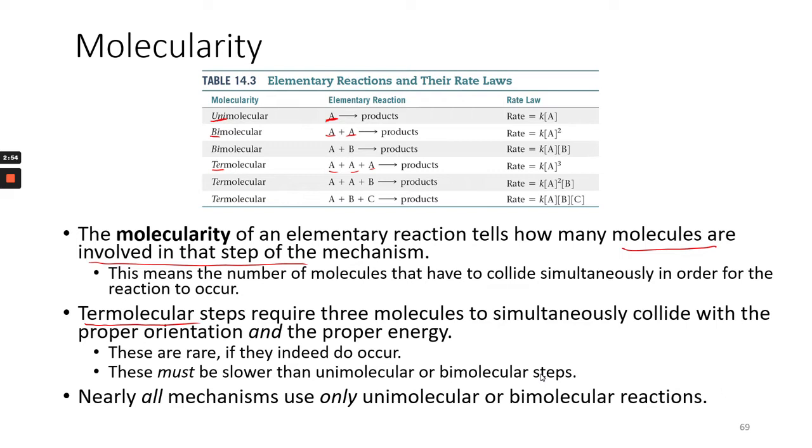So these are rare if they even occur. If this is in your process, which most likely it will not be, this would be the slowest. Normally, your elementary reactions are going to be uni or bimolecular steps. So nearly all mechanisms use only uni or bimolecular reactions.